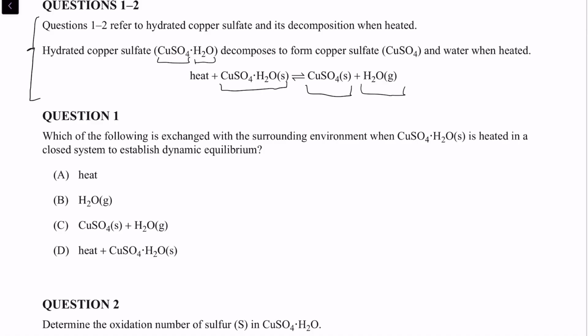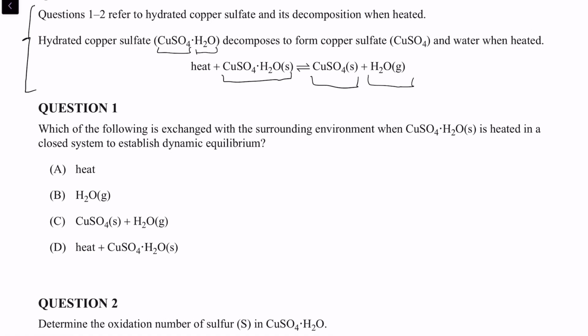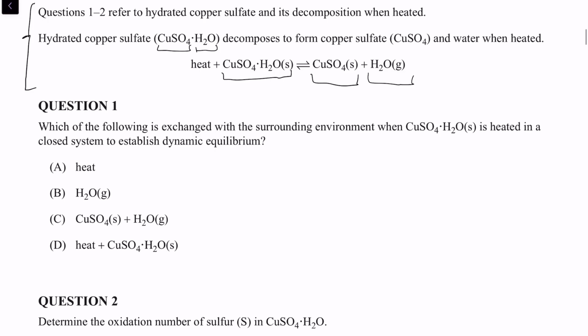So the question asks in question 1, which of the following is exchanged with the surrounding environment when CuSO4·H2O, so the hydrated copper sulfate, is heated in a closed system to establish dynamic equilibrium. Right. So the key word here is a closed system.